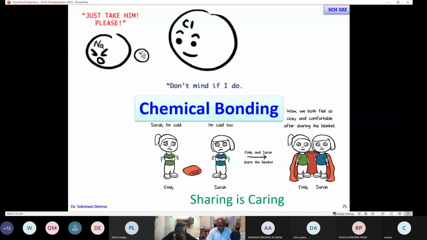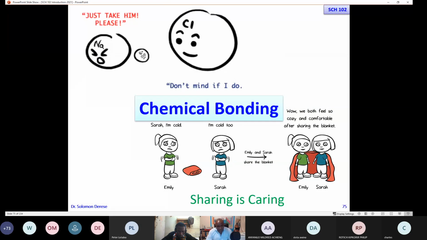What is involved during formation of a chemical bond are only the valence electrons. So when a chemical bond is formed between two elements, as you've learned in high school, these valence electrons are either going to be transferred or shared, and as a result of this process, the molecule that is formed will be stable.